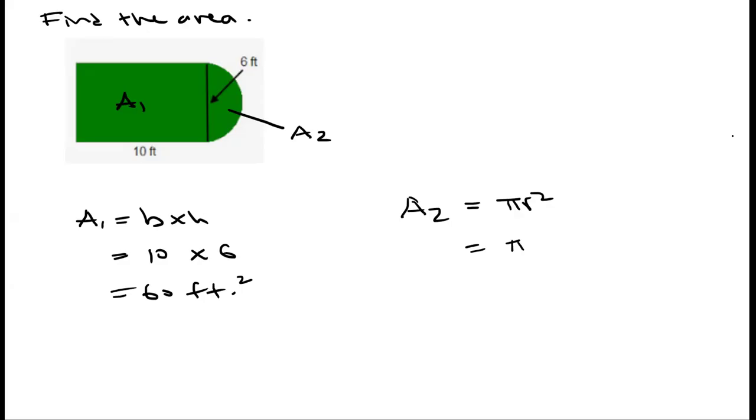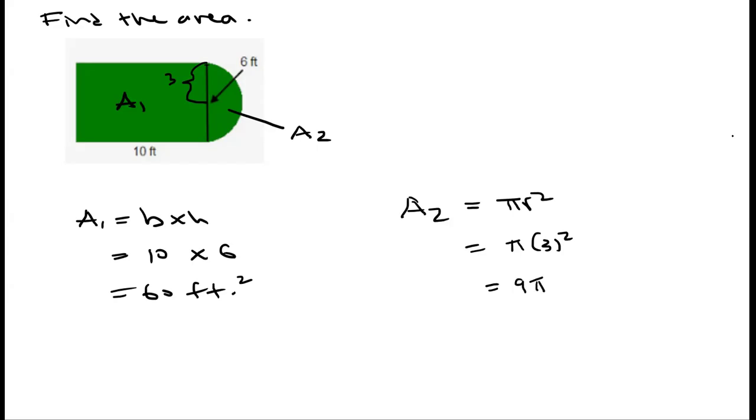Because 6 feet is the diameter, so we just want half of that, and half of 6 is 3 feet. So we're going to have 3 squared. 3 times 3 is 9. So that gives me 9 pi.